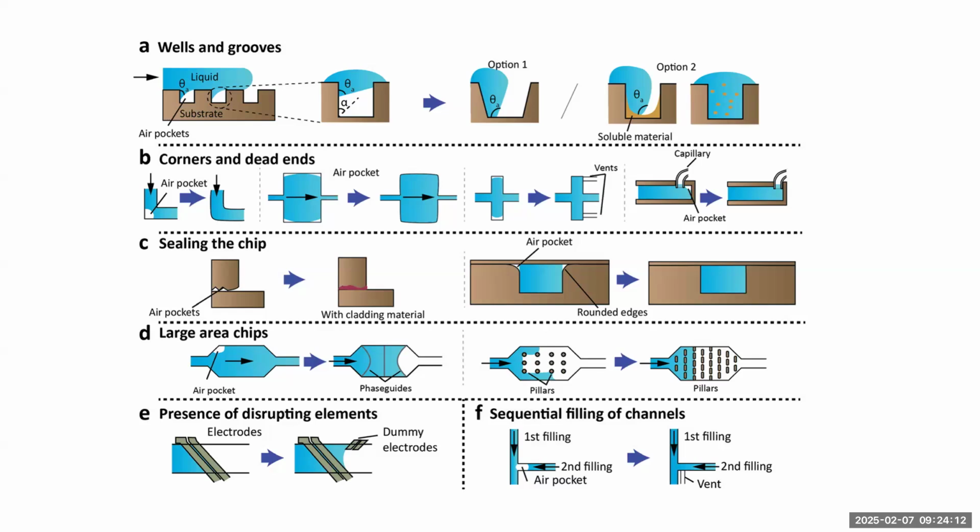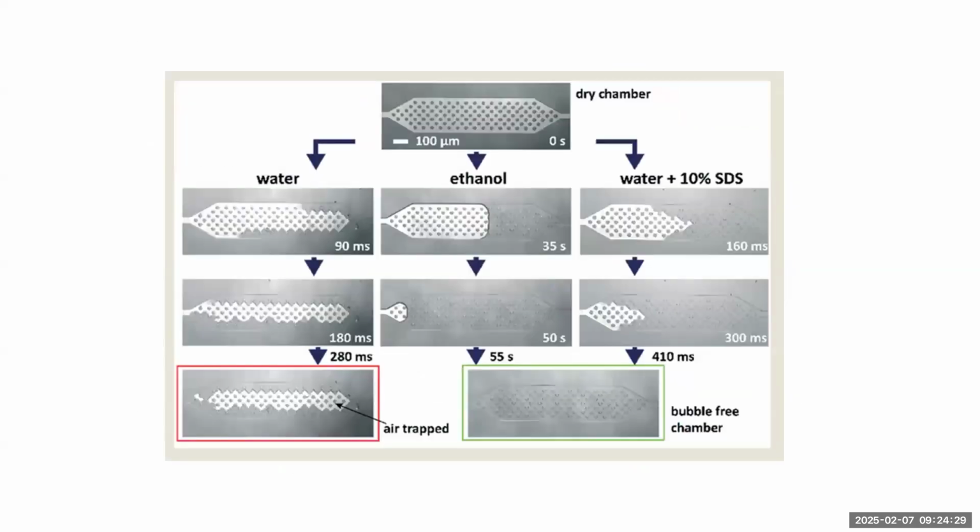So they recommend adding structures that will help to guide the liquid to travel at the same time, such as pillars or different guiding posts within your device. For the sake of time, I'm going to go ahead and move through this. We're through our 10 minutes.